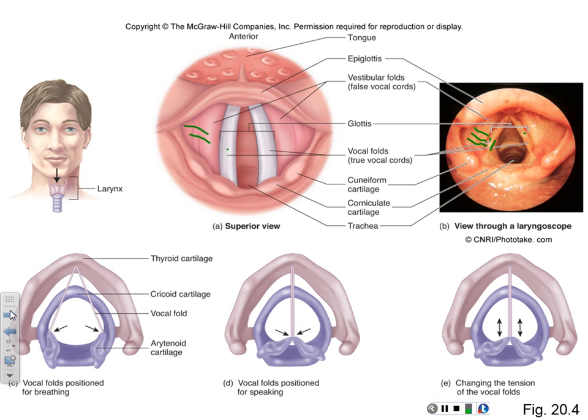This is the vocal cord orientation when you're talking, because of the tension in it, and this is for breathing. You see what I'm saying? Because then the glottis is all open. And the tension that the arytenoid cartilage, this is the arytenoid cartilage, creates on those vocal cords will determine the pitch, and also the frequency.